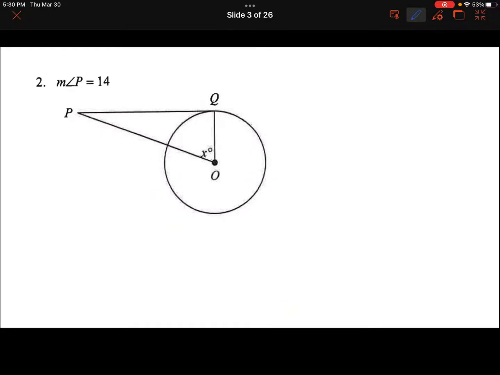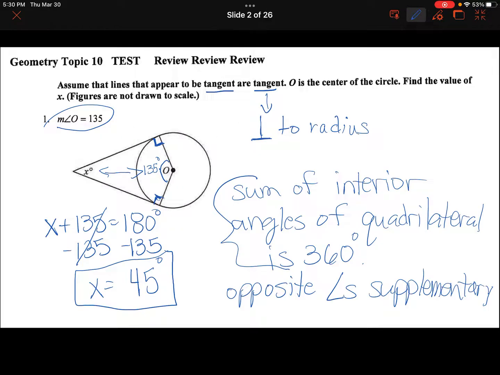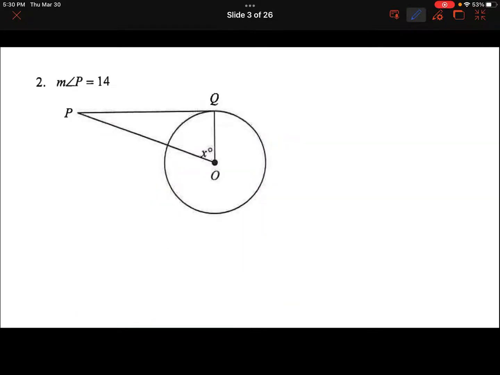Looking at number 2 here. Again, it says that lines that appear to be tangent are tangent. So we have a tangent here, PQ. So we know that Q is a right angle. And it says that angle P is 14 degrees. So we have 14 degrees here. So again, we're going to use the triangle sum theorem, which tells us that all of the angles of any triangle add up to 180.